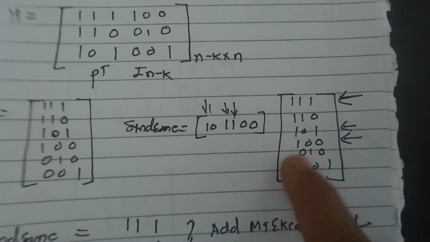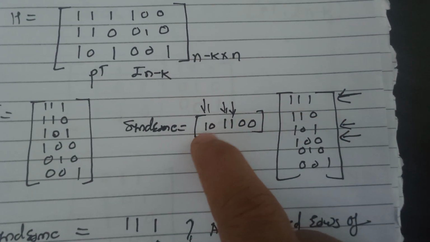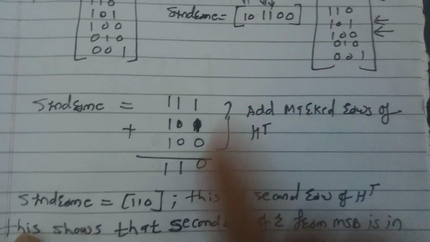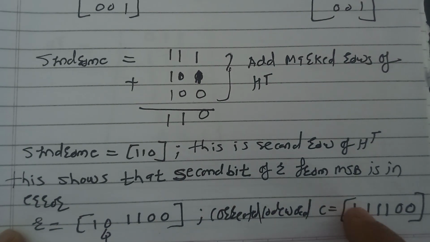Where is 110 in H^T? It is at the second row, so the second bit from this side is in error. A 0 is there, so make it 1 to correct it.